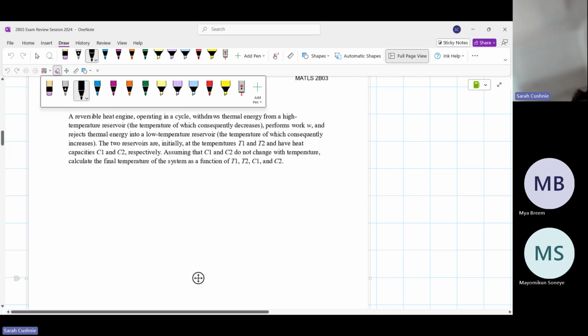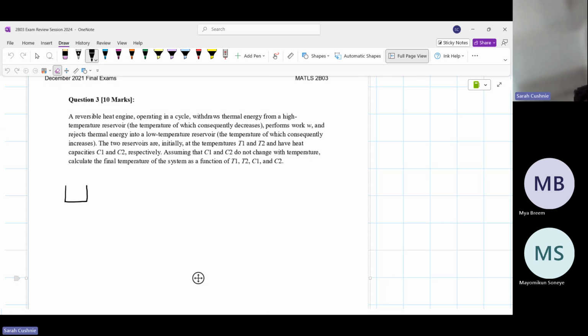Okay, so the way I thought about this is it's a thermal heat engine pumping heat from a high temperature reservoir to a low temperature reservoir. So there's a high temperature here, then there's a low temperature here, and this is the engine.